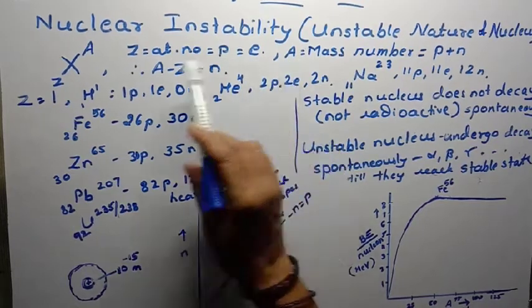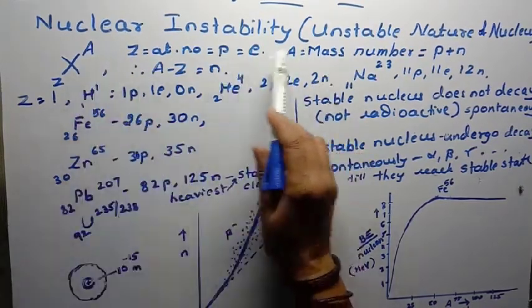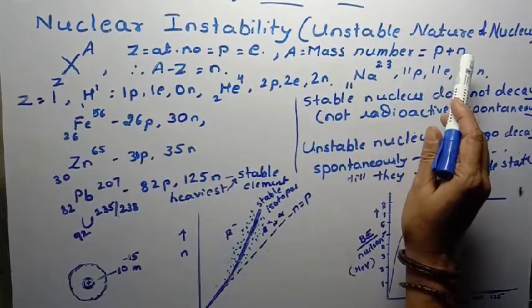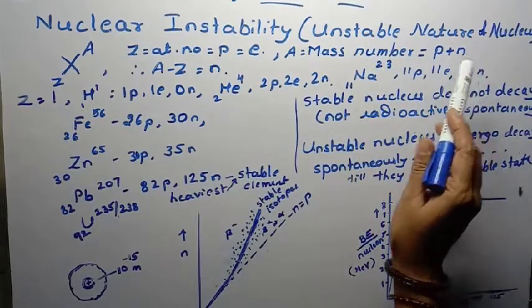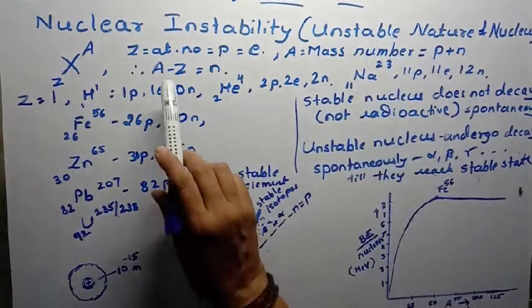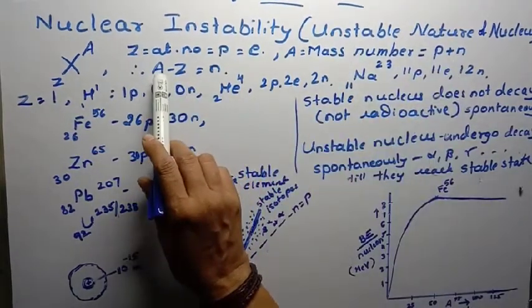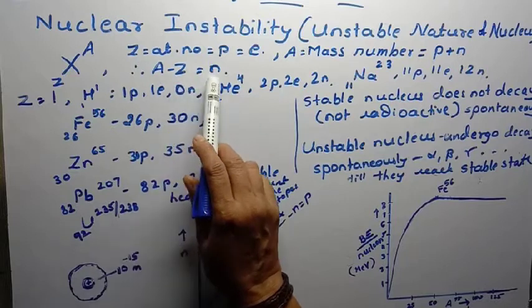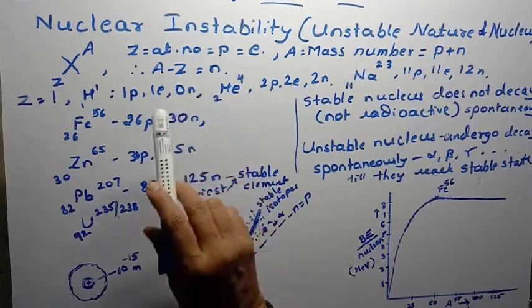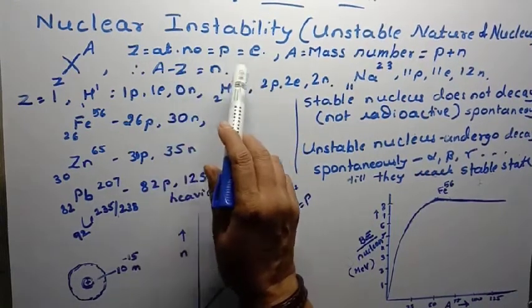A stands for the total number of protons plus neutrons, which is said to be the mass number. The number of neutrons can be calculated: A minus Z is equal to the number of neutrons, N. So you are familiar with this.